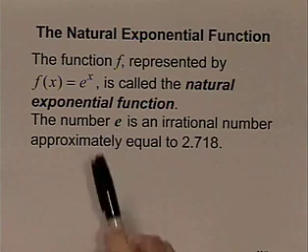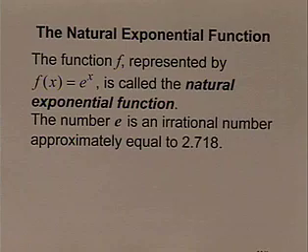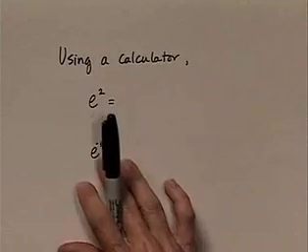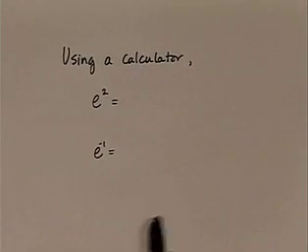Well, let's practice with the number e and a calculator for a moment. Using a calculator, let's find a couple of values. On our calculator keypad, we'll have to push second and the button that has e behind it, and put in a 2 to find e squared. That number's about 7.389 and so forth.